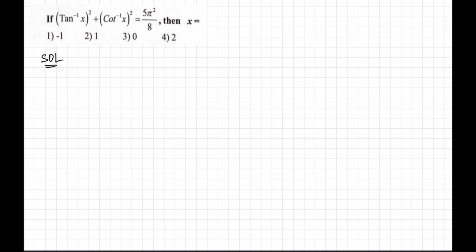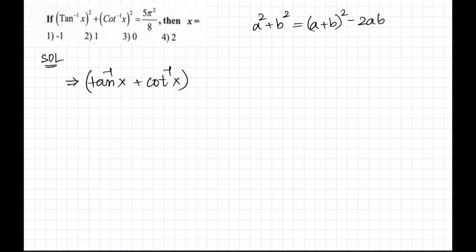So look, a squared plus b squared is equal to (a plus b) whole squared minus 2ab. So if we apply this formula here, we will get (tan inverse x plus cot inverse x) whole squared minus 2 into tan inverse of x into cot inverse of x.